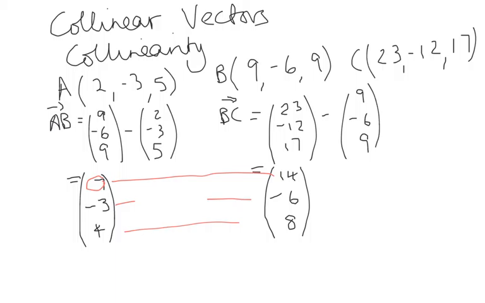So that means that 2 of the vector AB is equal to BC. So 2 of the small ones is equal to the large one. 2 small ABs equals the large BC. Or if you preferred, you could write AB is equal to half BC.